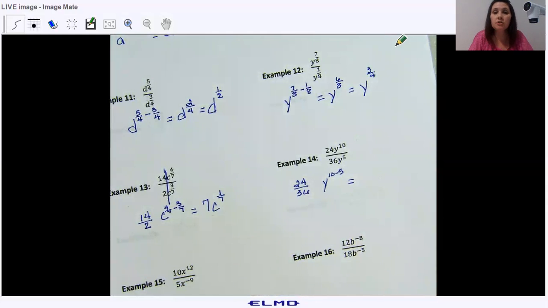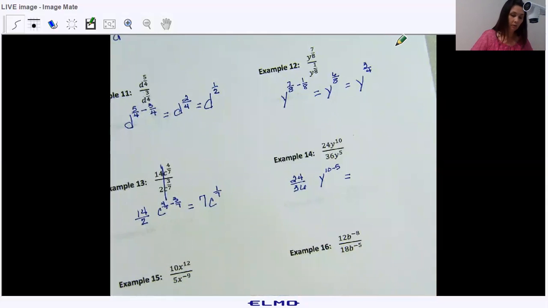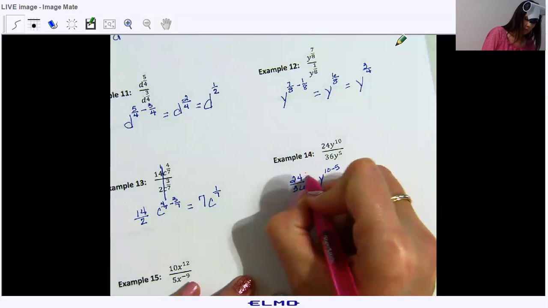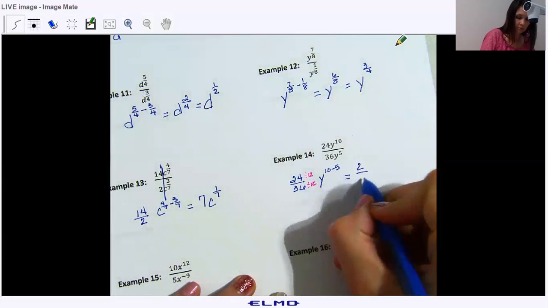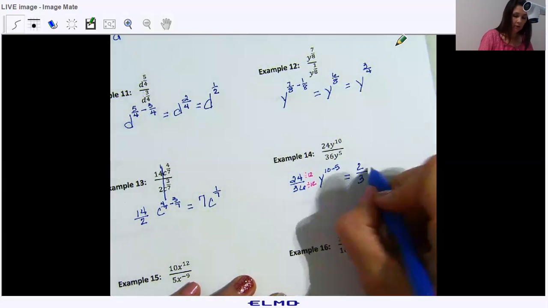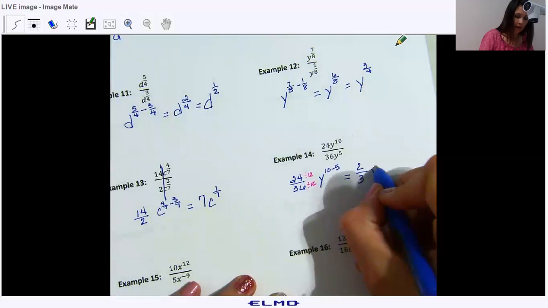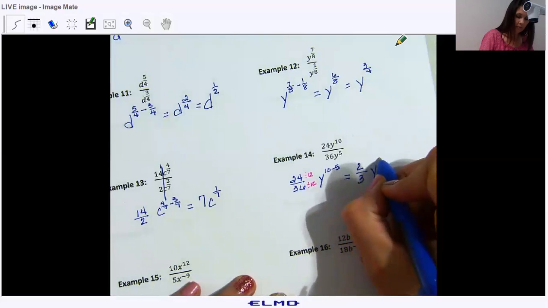That's the greatest common factor. So if I divide both of them by 12, I will end up with 2/3. Okay. And then y to the power of 5.